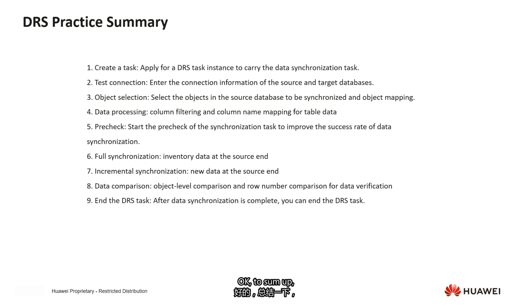Okay, to sum up, a complete DRS synchronization task has these phases. So first thing you need to do is to create a task. You need to apply for a DRS task instance on the console. Next, you need to test the connection.